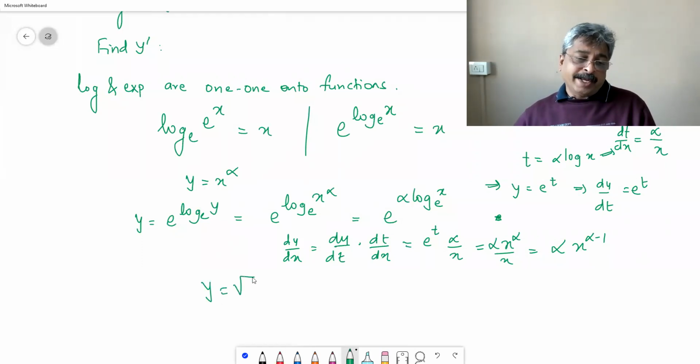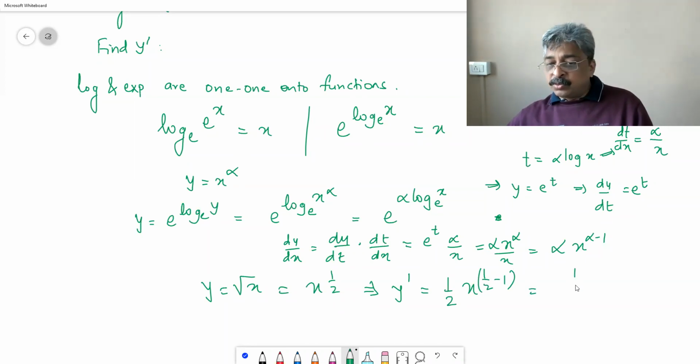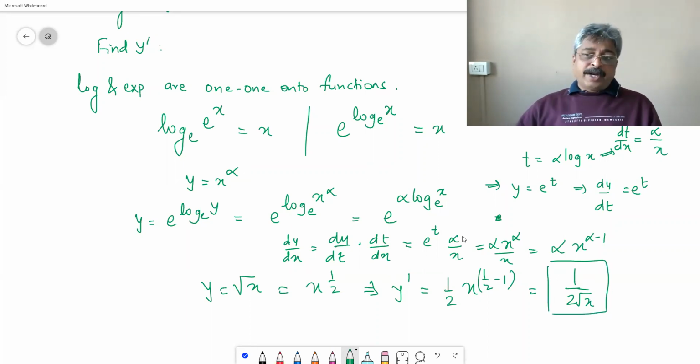Y is equal to root x, which is equal to x raised to 1 upon 2. Then the derivative of that is y dash is half x raised to half minus 1, which is equal to half x raised to minus half, which is 1 upon 2 root x. Derivative of root x is 1 upon 2 root x. And it will work for any real number alpha.